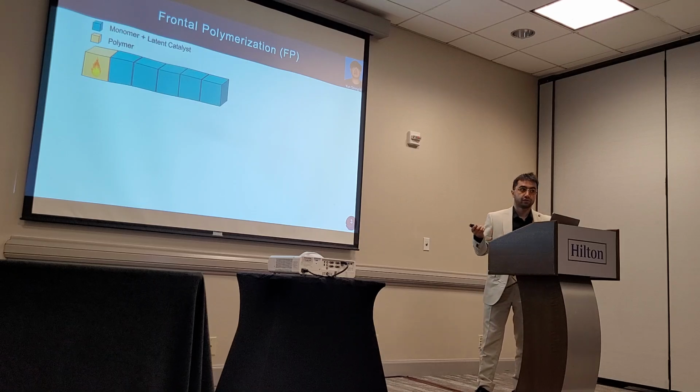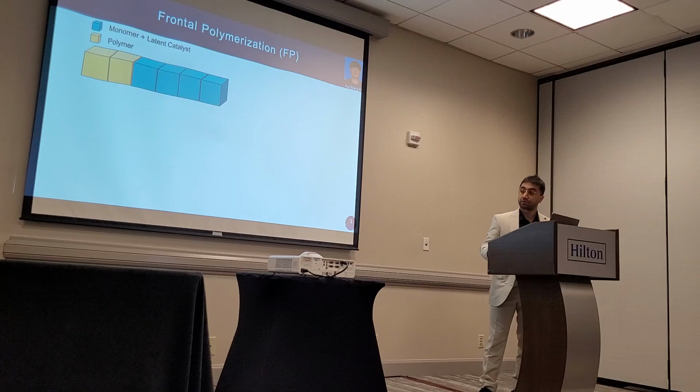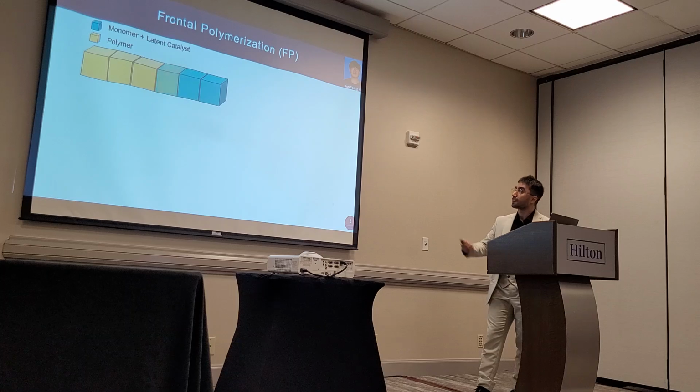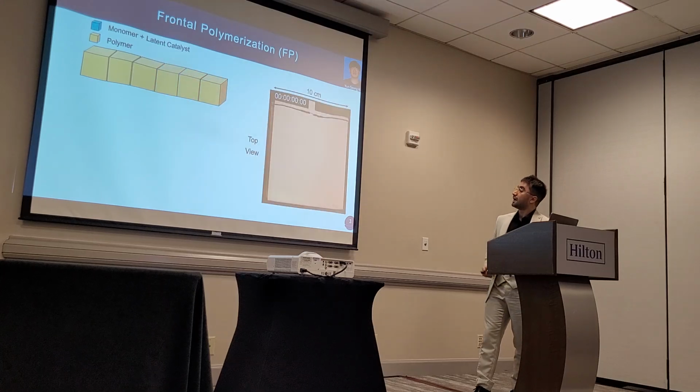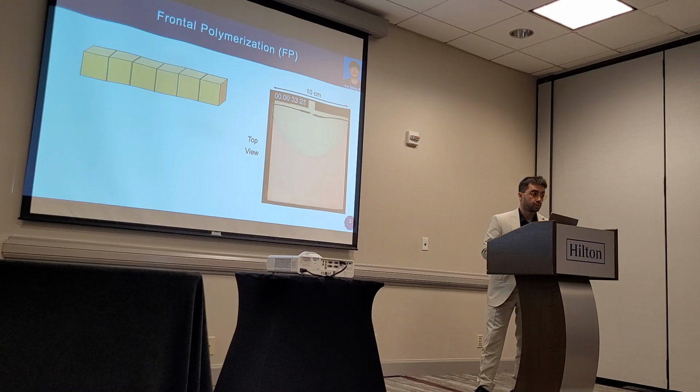After reaching a certain temperature, we initiate the first exothermic reaction, and this will also initiate the next row, creating this solid polymer through the structure. And you can see here, when you reach a certain temperature, you will have this solid polymer going into the liquid monomer in your liquid bath.